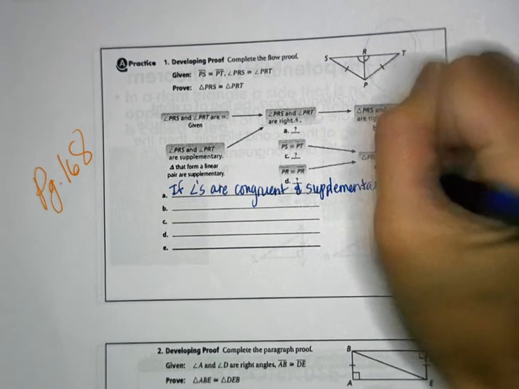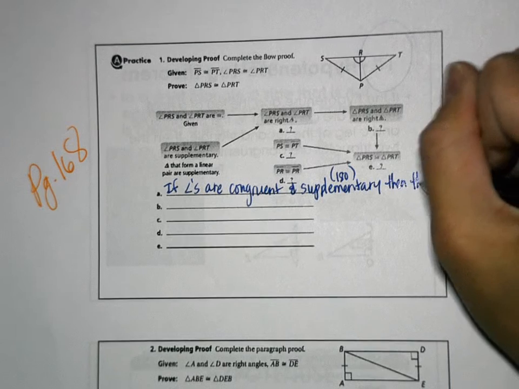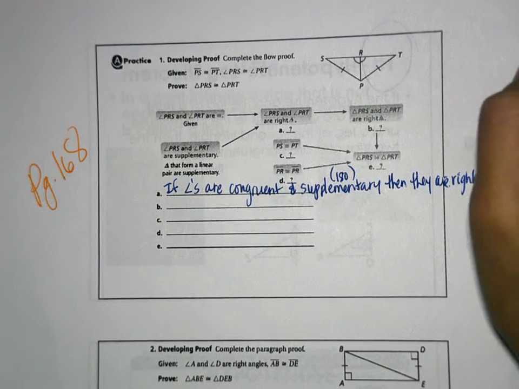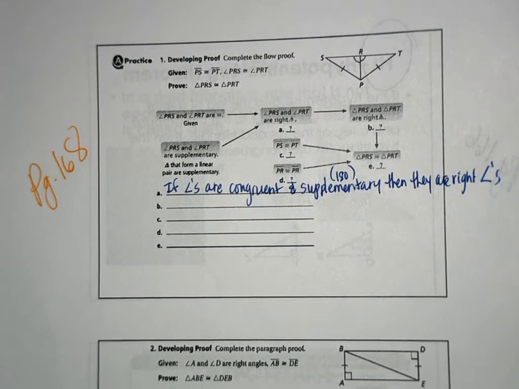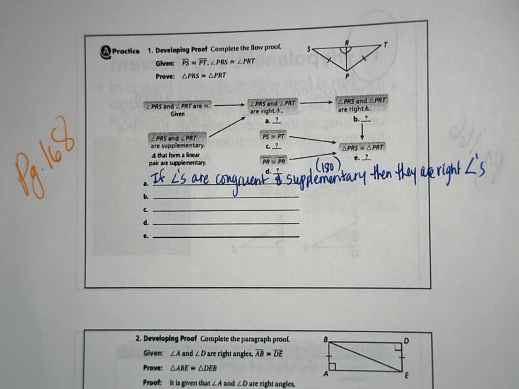If you need to put 180 in parentheses there, you can. So if they are congruent and supplementary, then they are right angles. Are we okay with that? If they are equal to each other and supplementary, they have to be 90 degrees each, because 90 plus 90 is 180. They couldn't be any other value. Okay?